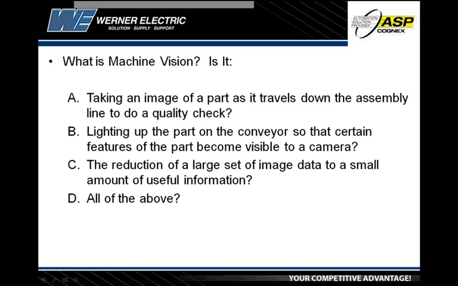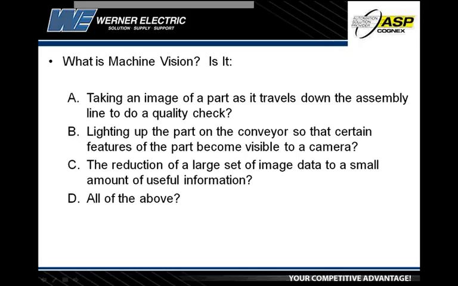There are many different ways to come at machine vision because there are many facets to a machine vision solution. There's the part on the machine or on the conveyor, how that part is presented. Does it stop in front of the camera? Is it in continuous motion? There is the lighting aspect. How you light the part determines what features or defects will be visible in that image to the camera. There's optical selection.